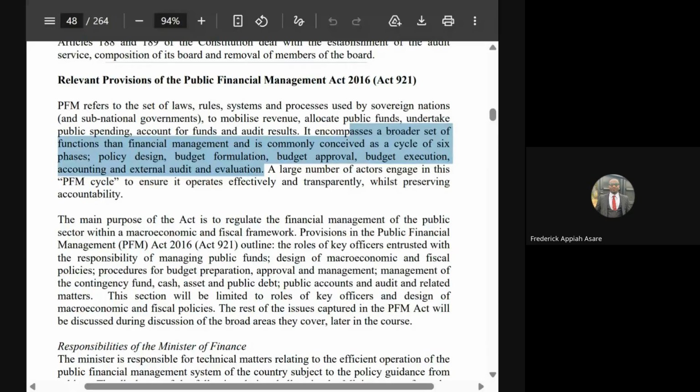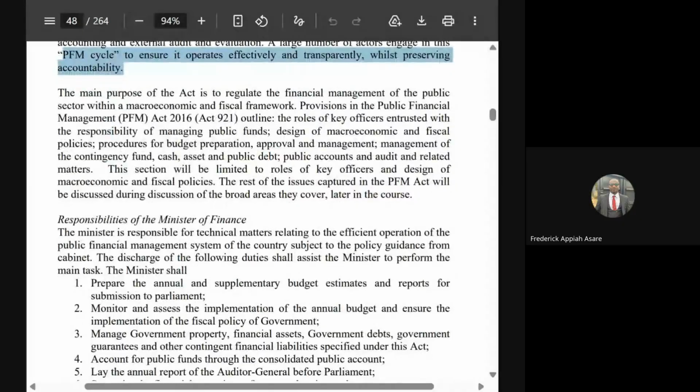So these are the six phases of the PFM. A large number of actors engage in this PFM cycle to ensure it operates effectively and transparently whilst preserving accountability. The main purpose of the Act is to regulate the financial management of the public sector within the macroeconomic and fiscal framework.